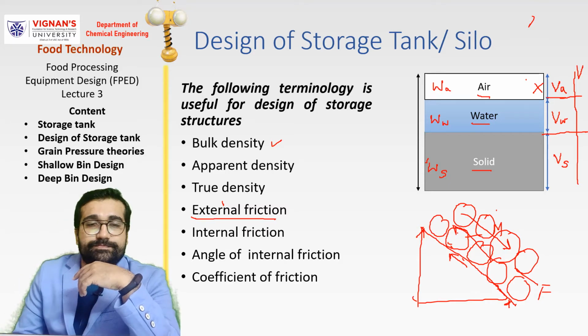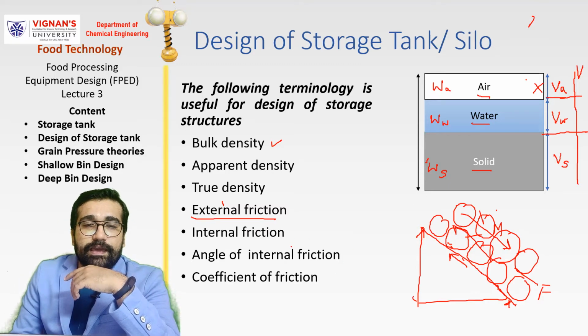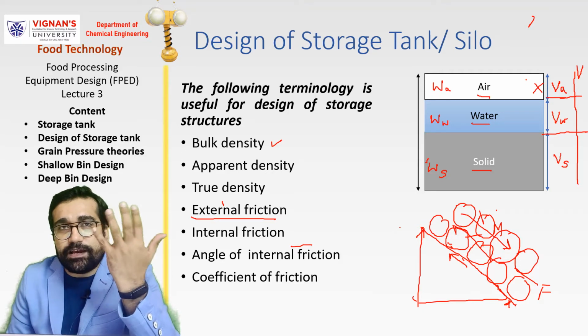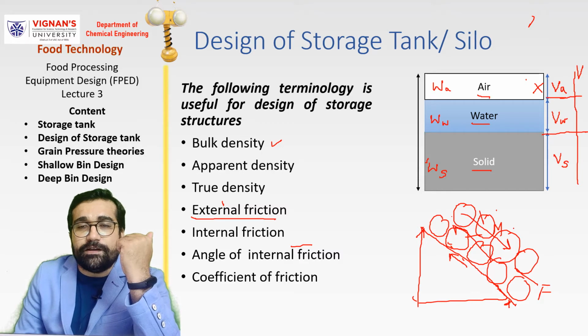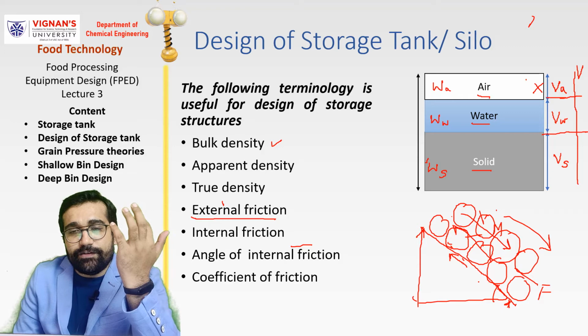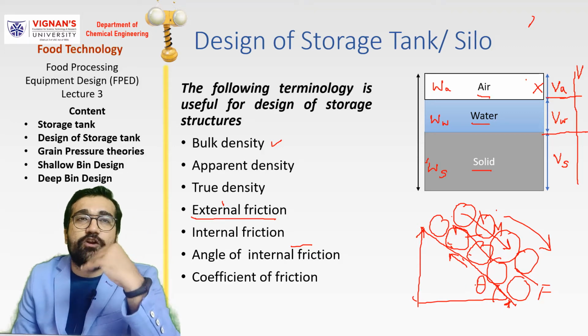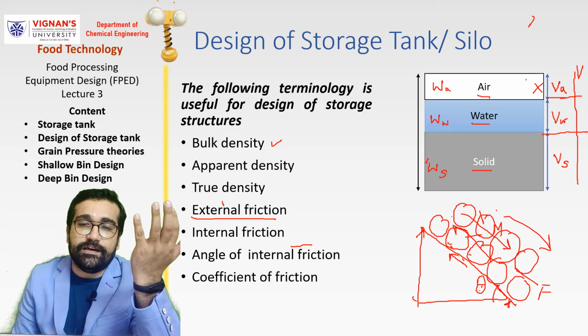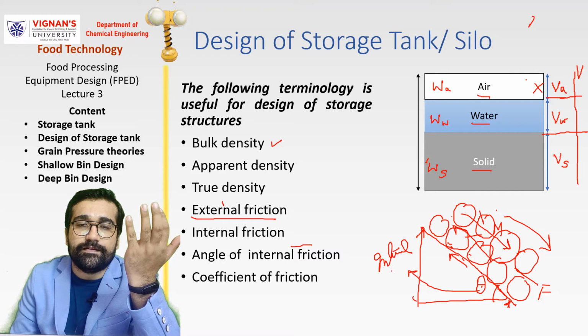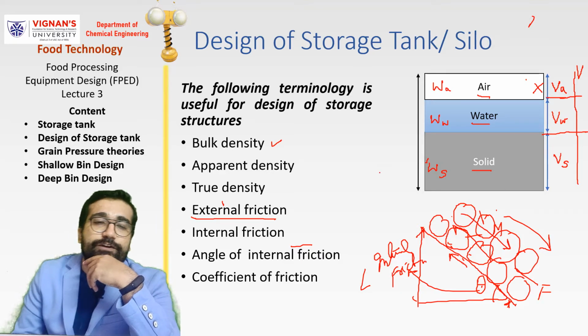Then what do we mean by angle of internal friction? When we increase the angle, at a certain angle this upper layer will start moving. That angle, when the upper layer starts moving from the previous layer, is the angle of internal friction. Here theta will be the angle of internal friction. Then what do we mean by coefficient of friction?